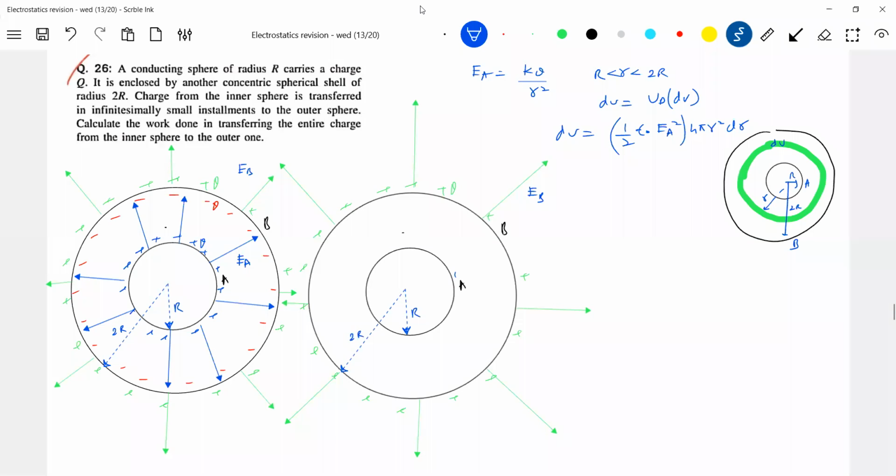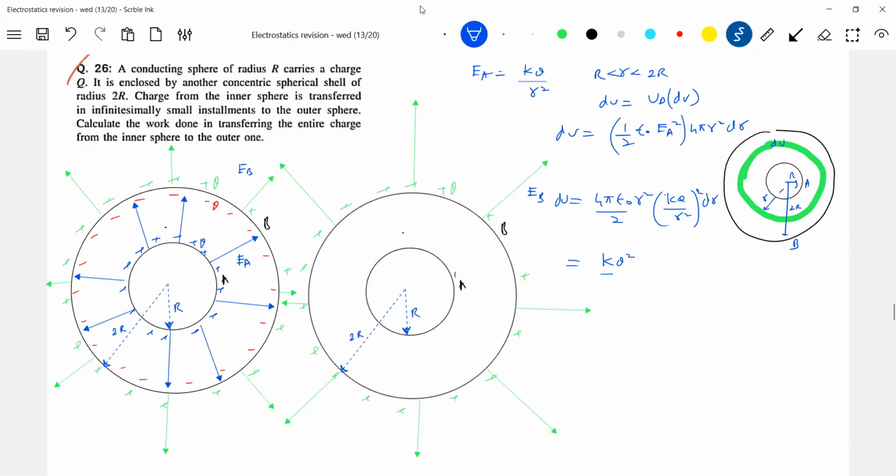That energy is what the external agent has to do work. I'll proceed next: half of 4 pi epsilon naught, EA is how much? KQ by r square, whole square, into dr. Next step will be: 1K will get eliminated.